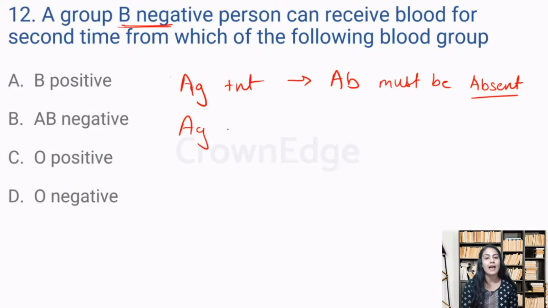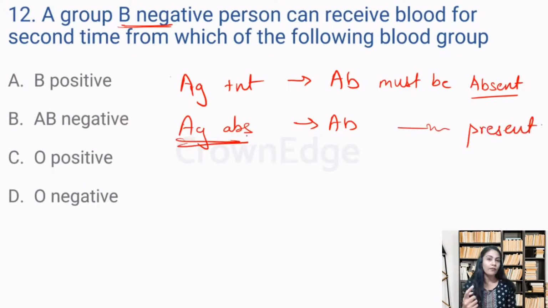If the antigen is absent, the antibody must be present. Because if that antigen comes into our body, the antibody will react to it, since this is not our cell, right? This is some foreign cell. So that's why it should be destroyed. And because of this law, the B negative person will have, negative means he is talking about the Rh, rhesus antigen.